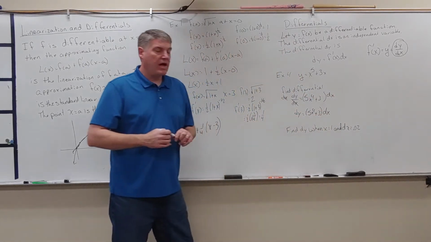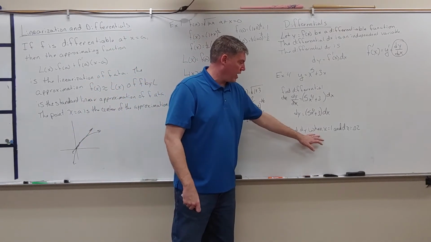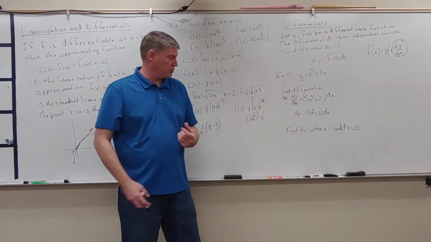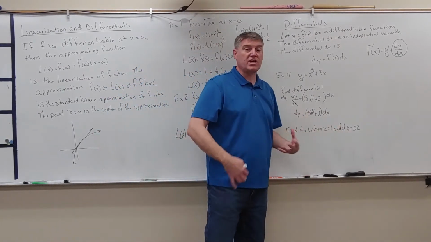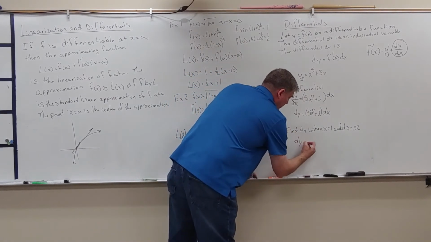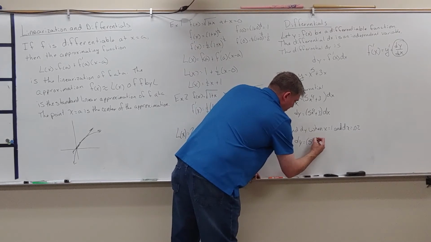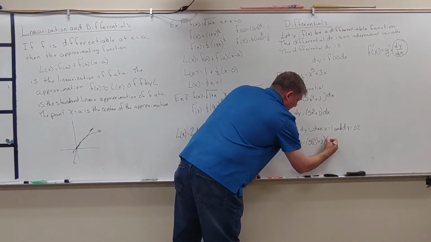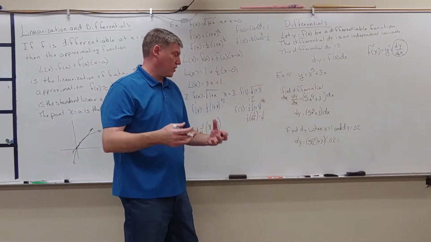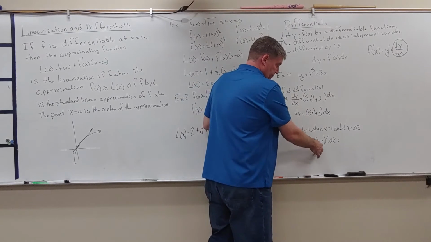All right? And so now I can find my differential dy when x equals 1 and dx is 0.02. So I'm going to plug these values in. So dy equals (5 times 1 to the fourth plus 3) times 0.02. Well, 1 to the fourth is 1, times 5 is 5, plus 3 is 8.